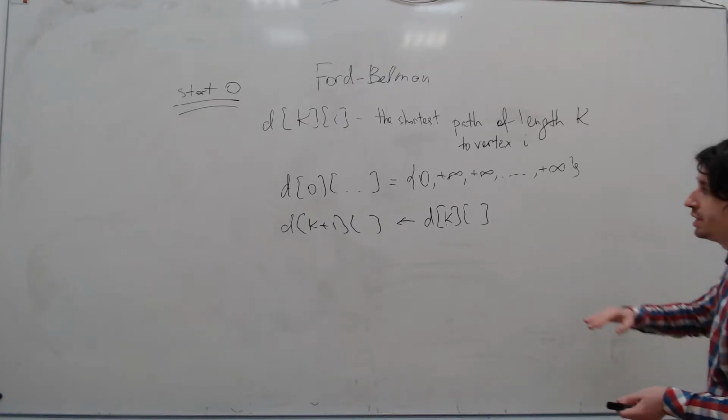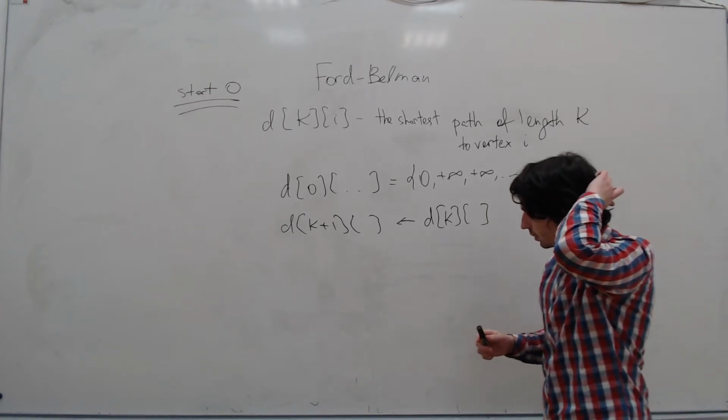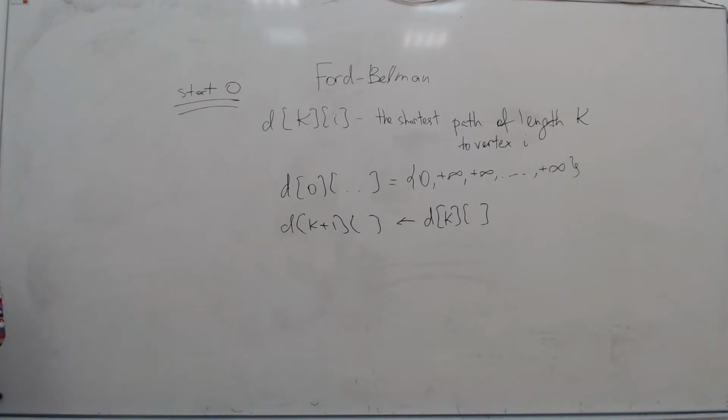So for 0 it is 0, then infinity, infinity, infinity. But okay, maybe we should, for every vertex i, find the nearest vertex and add the distance between these two to d[k][i].